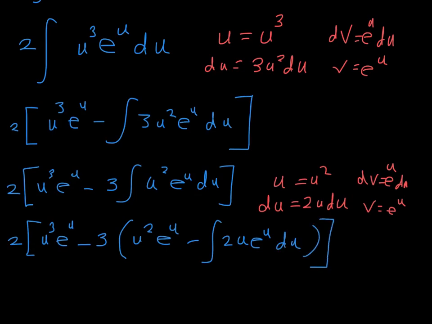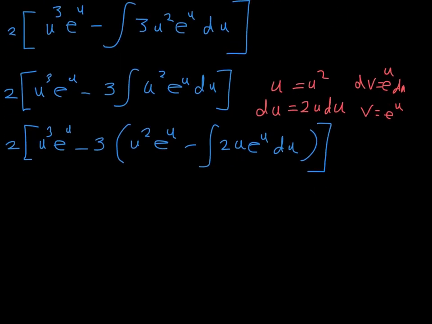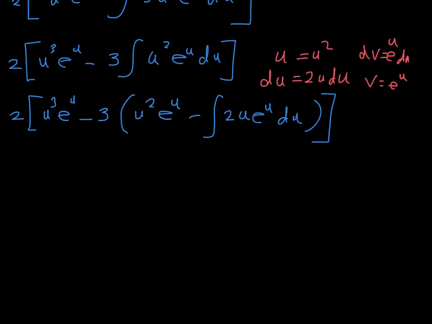All right, excellent. So let's see what we should do next. I think we should expand. What I'm going to do is factor out this 2 right here. Let me do that really quickly. U cubed e to the u minus 3.